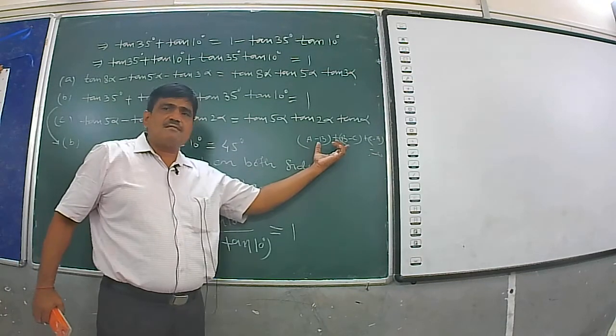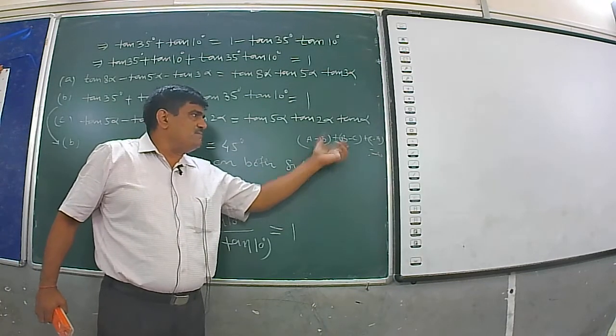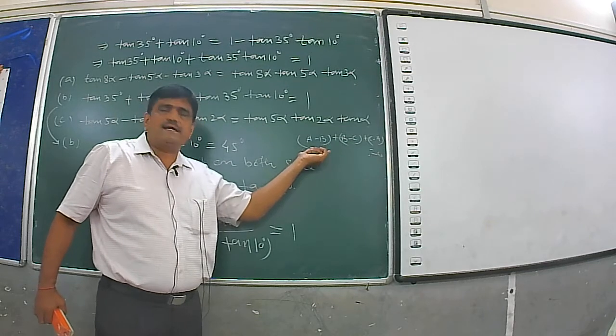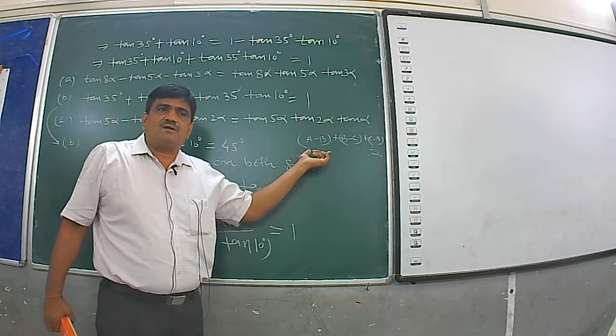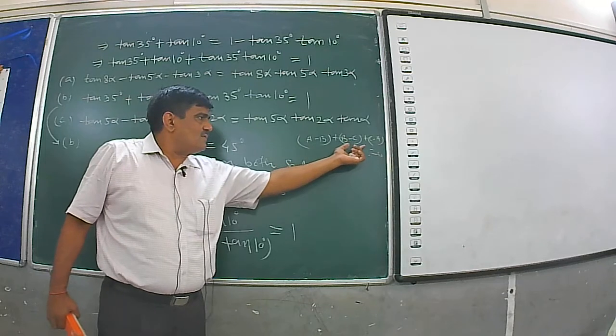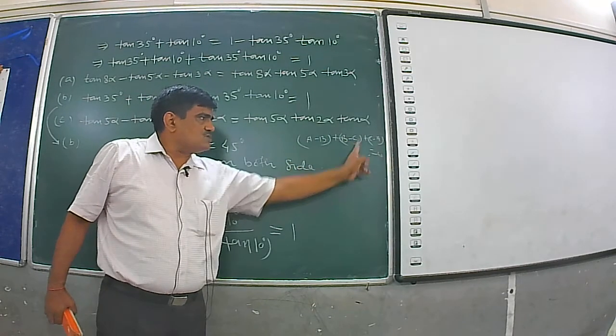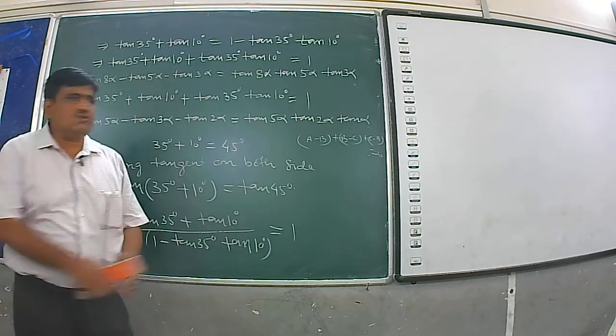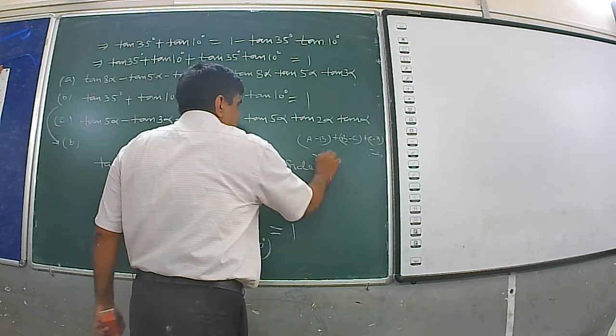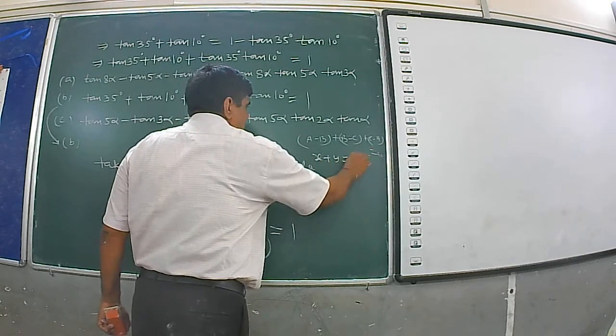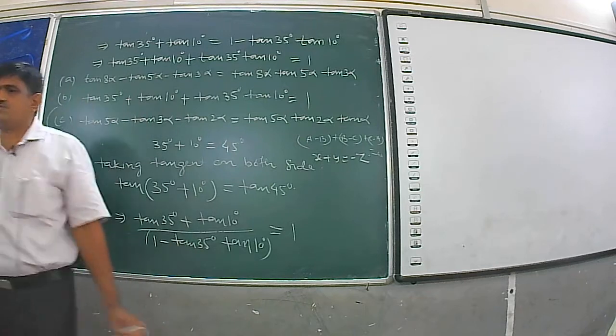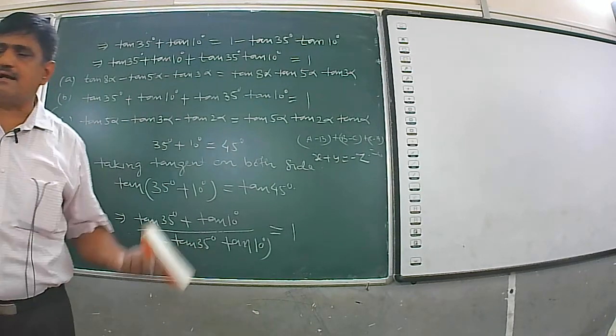To write these two terms on the left hand side, we assume that A minus B is equal to x, and the others are y and z. x plus y plus z is equal to 0, and x plus y is equal to minus z. Taking tangent on both sides, we get our result.